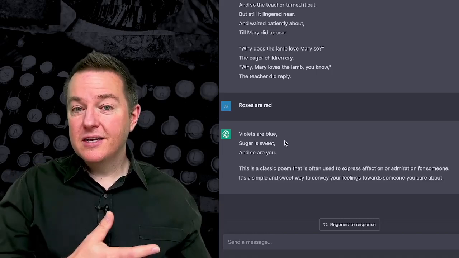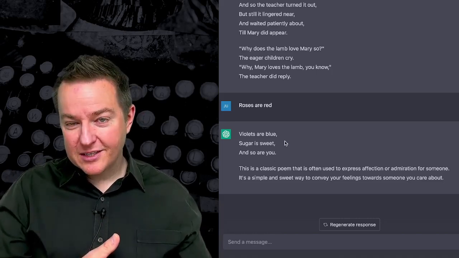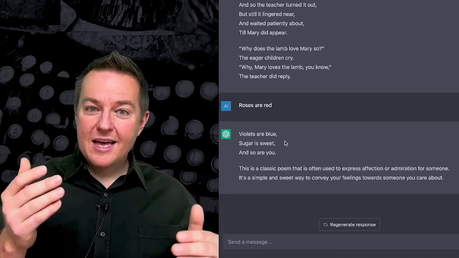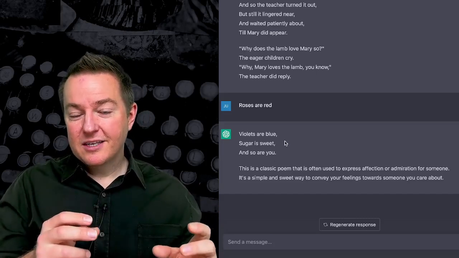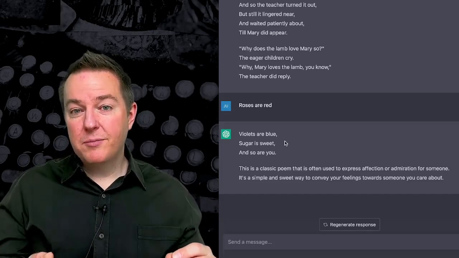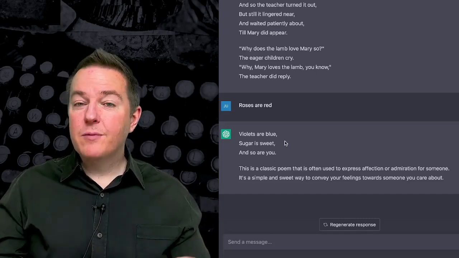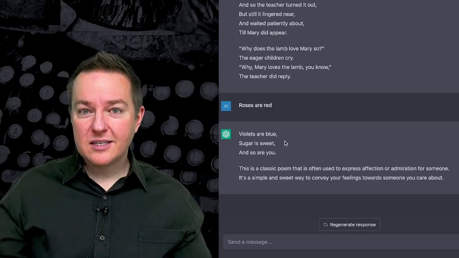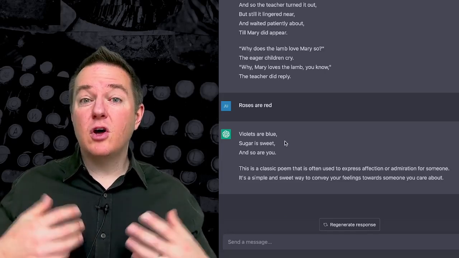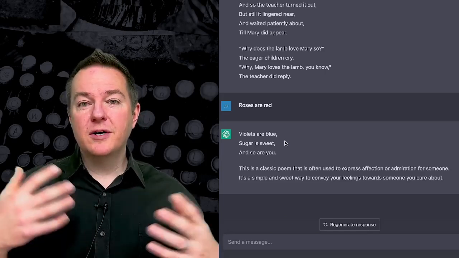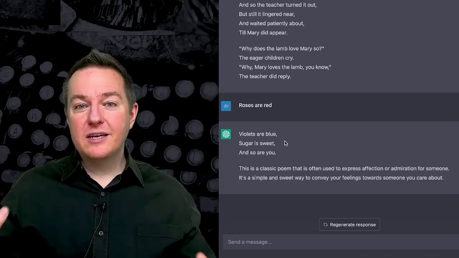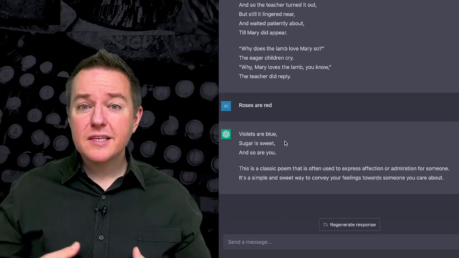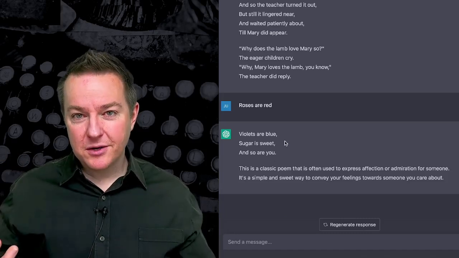They would show it part of a paragraph of text from the internet, part of the sentence, and ask it to try to predict the next word in the sentence. And when it got it wrong, they would tweak the model, which is what they call these things, large language models. And they're large because they were trained on so much data, and they have so many different parameters to them.